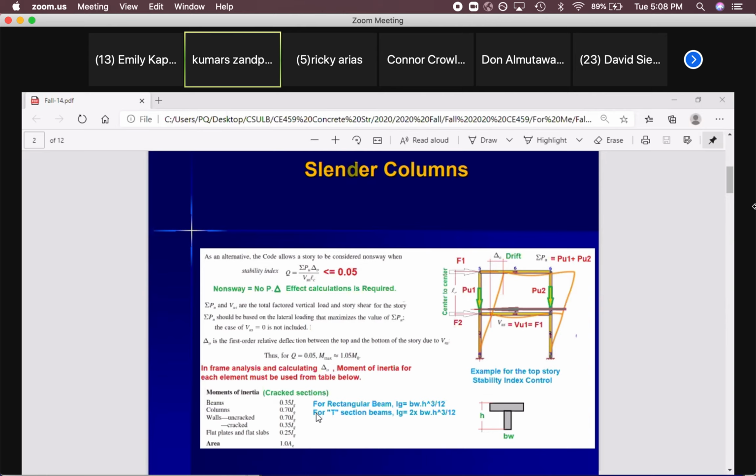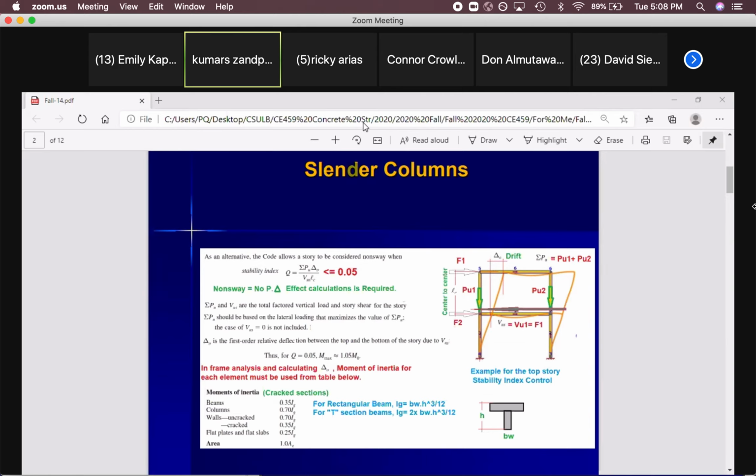Do we need to go after all those calculations that we did for finding the I effective? No, there is no need for that. There is a simplified solution that we can use based on the code with these numbers. For the column, calculate Ig for the column around the bending moment.